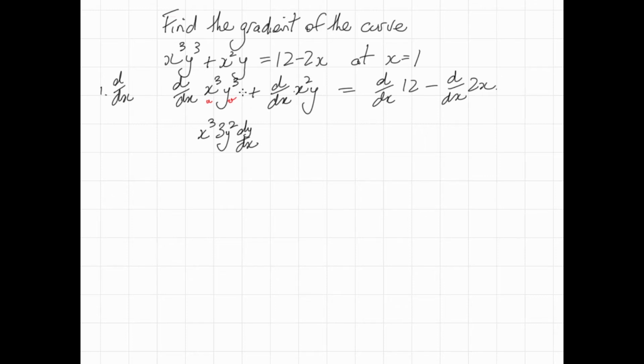So that's u v dash plus u dash v, and u dash is easy because that's just 3x squared, times v, y cubed. So that's the derivative of x cubed y cubed.